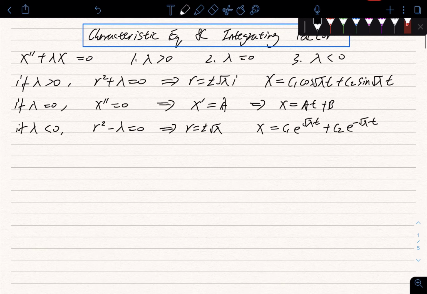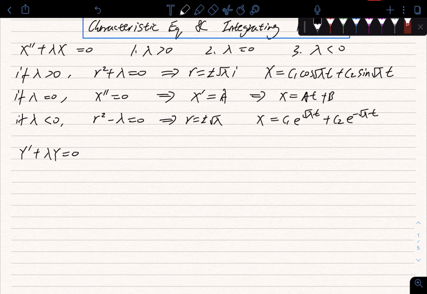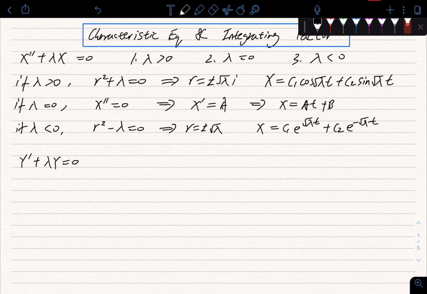And then we're going to talk about another differential equation, and that is y prime plus lambda y equals 0. I'm just using a different variable here. We're going to solve this first order linear differential equation through the method of integrating factor.